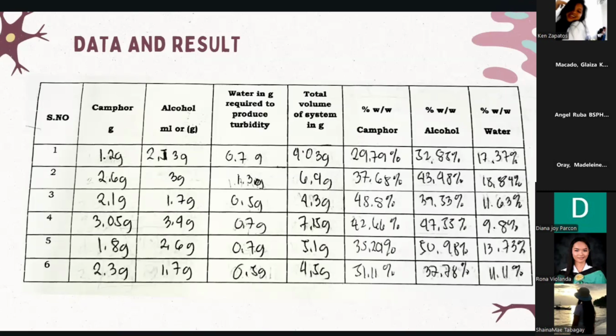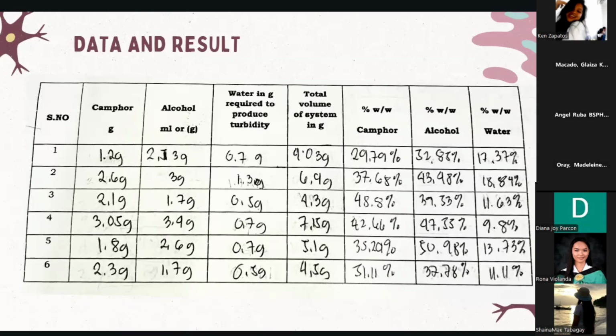Then test tube 5: 1.8 for the camphor, 2.6 for the alcohol, 0.7 for the water, and the total is 5.1. And lastly, test tube 6: 2.3 grams for the camphor, 1.7 grams for the alcohol, and 0.5 grams for the water. The total is 4.5 grams.